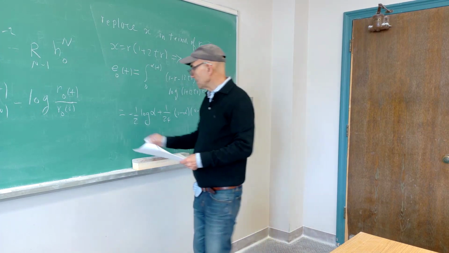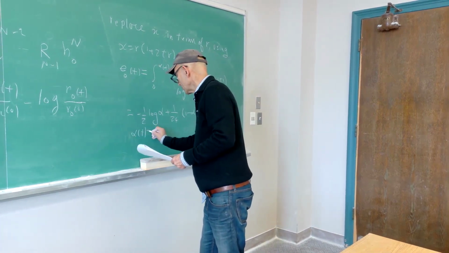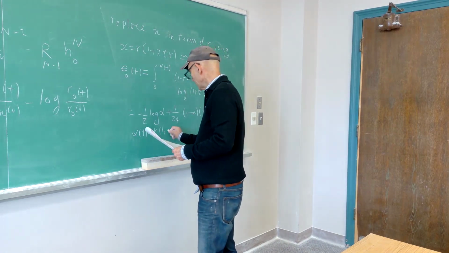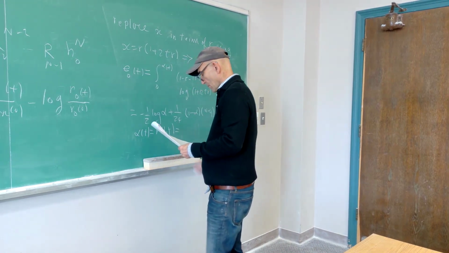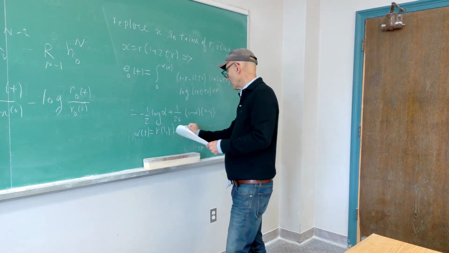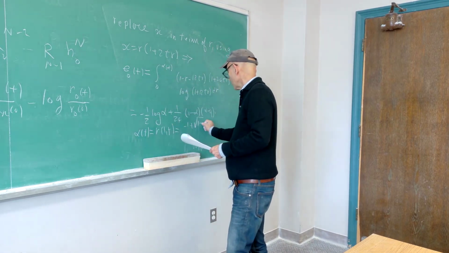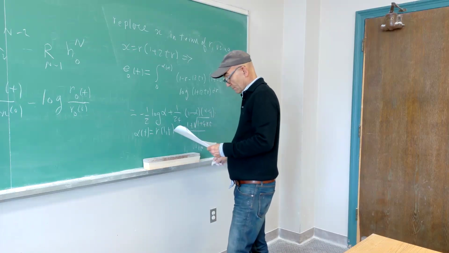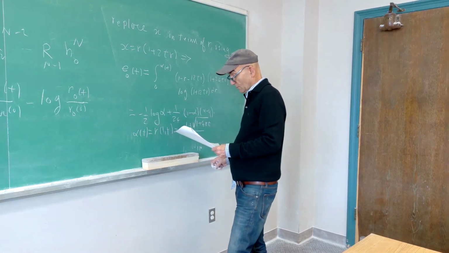So alpha of t, as before, I introduce alpha of t is equal to r of 1 and t, x equal to 1, which is what we have over there: minus 1 plus root of 1 plus 48 t over 24 t.